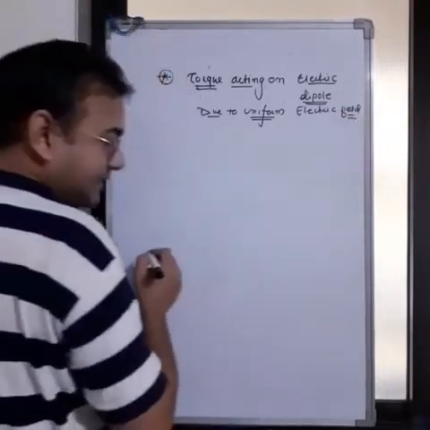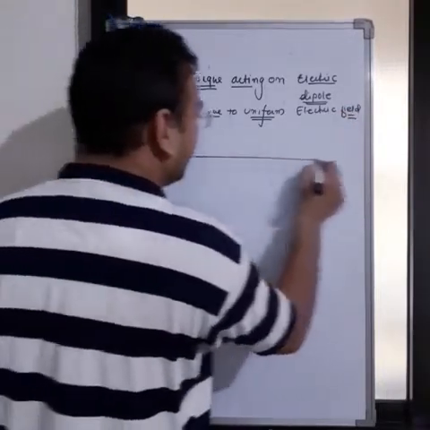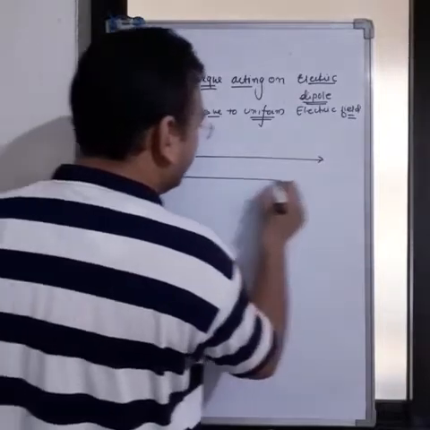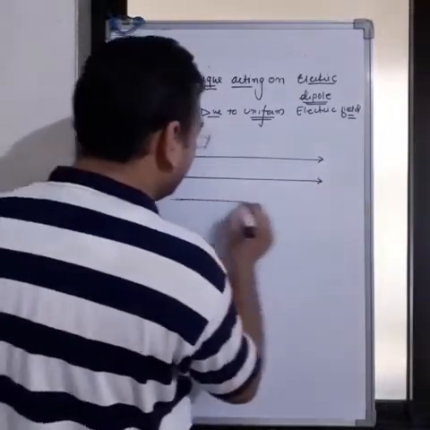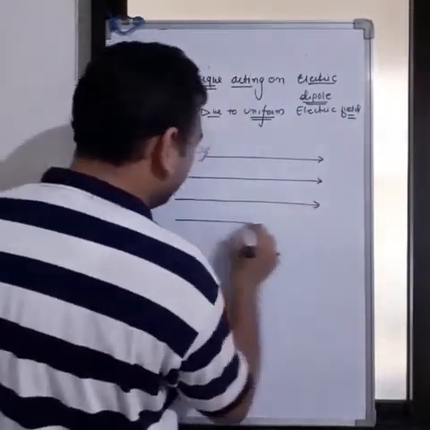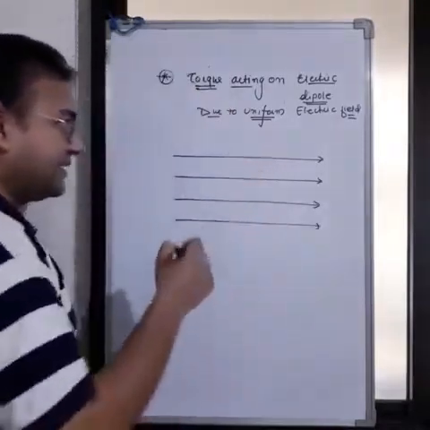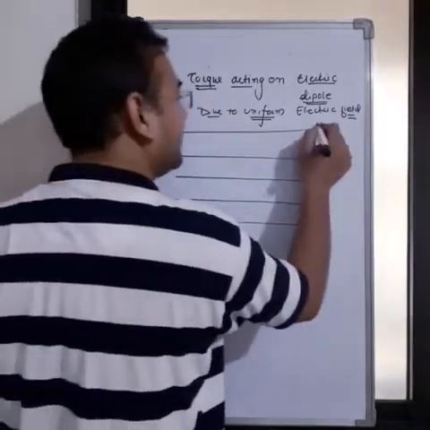So let's see, initially we will just take a uniform electric field. Students, uniform electric field in the sense that all electric field lines are parallel to each other.